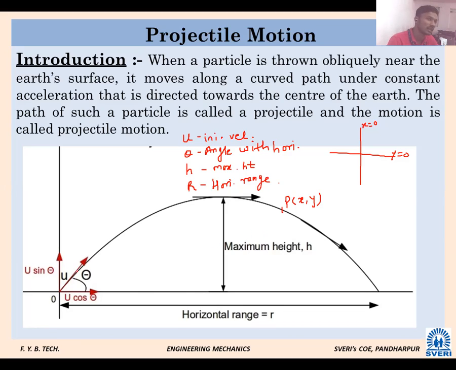If you are projecting or throwing the object from here, at what angle will it reach maximum range? Theta equal to 45. There is a derivation for that as well: take the derivative equal to 0 and find the value of theta. Remember this, it may be asked in the exam. So for what angle will you get maximum range? Theta is equal to 45. If we throw the object at 45 degrees, we will get maximum range.